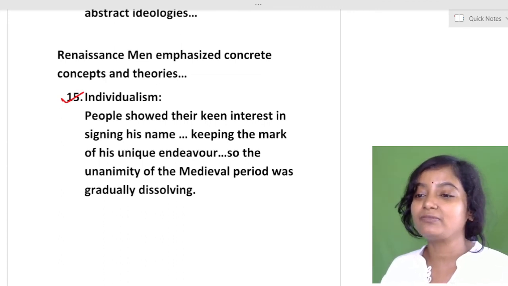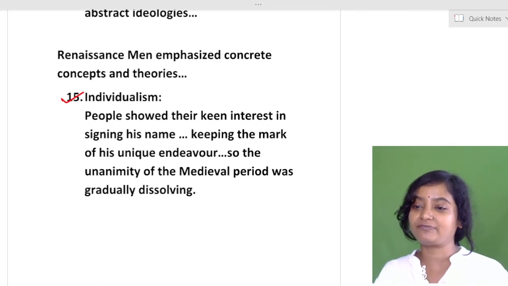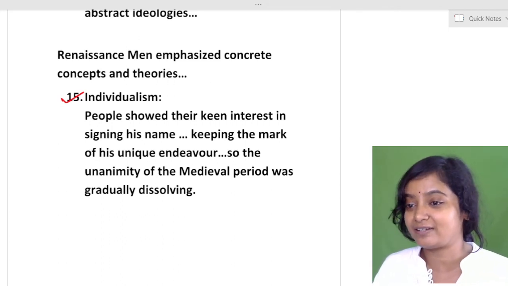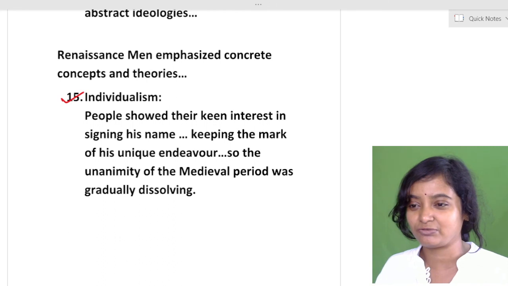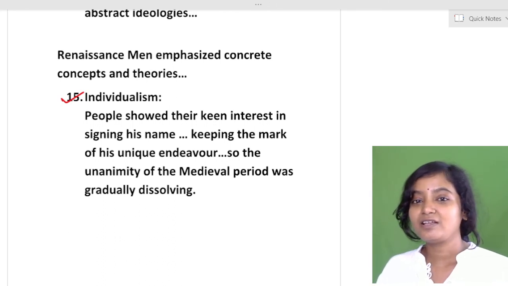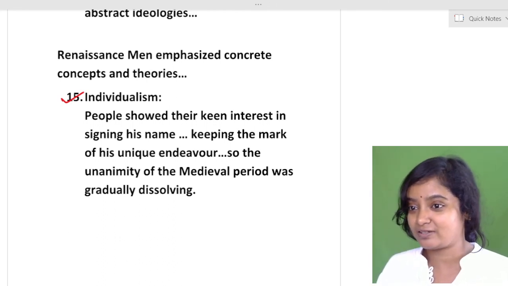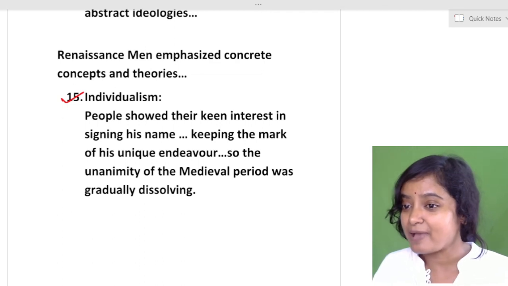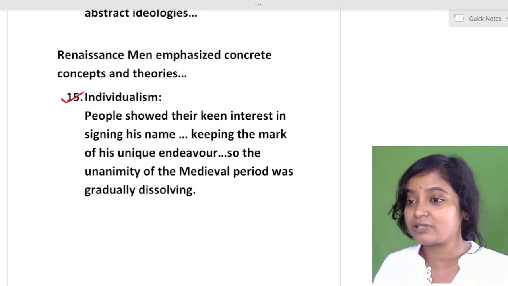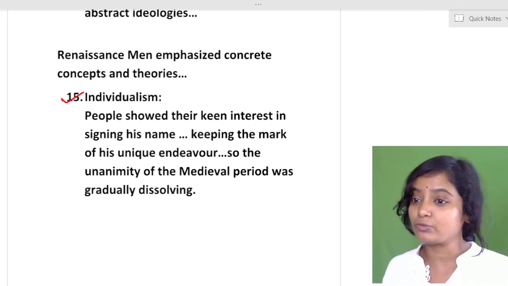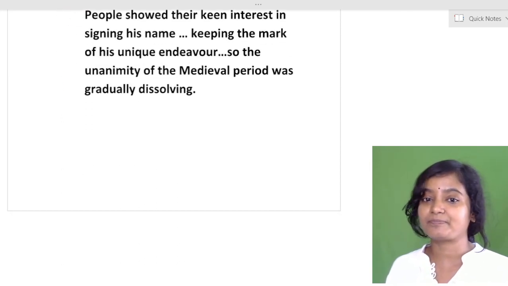In the pages of human history, people tried to keep their name with their creativity, with their art, literature, painting, writing. So this individual spirit, giving emphasis to human endeavor and human creativity, was the foremost feature of Renaissance.